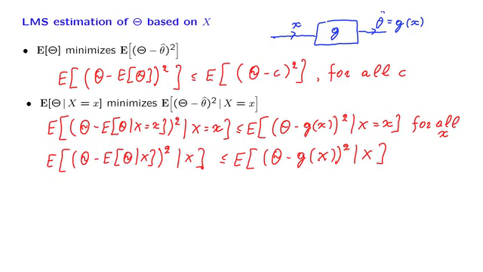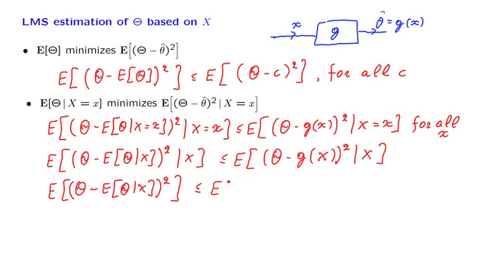Now that we have an inequality between random variables, actually between conditional expectations, we can take expectations of both sides, and we use the law of iterated expectations. The expectation of a conditional expectation is an unconditional expectation, so we obtain this as the expected value of this quantity, and it's less than or equal to the expected value of this quantity.